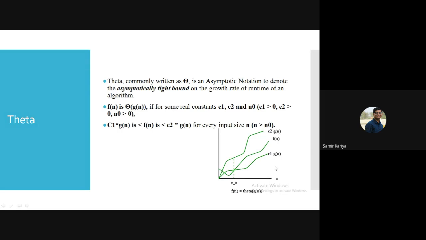Otherwise g of n is common. Think logically: the function is g of n, only one function, and you are going to find it once as less than and a second time as greater than. So it just depends on C1 and C2. The rest, these 3 functions, are the same. That means we are giving the tight bound. Just read the first point: asymptotically tight bound on the growth rate of the runtime of an algorithm. Tight bound, or you can say the exact bound.